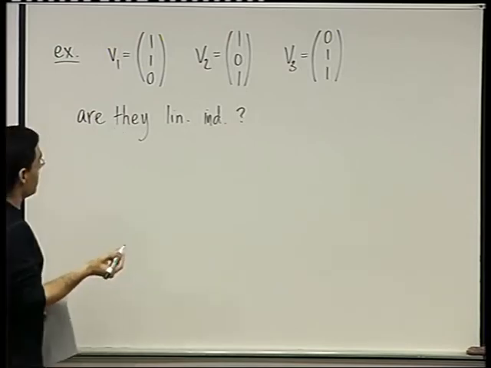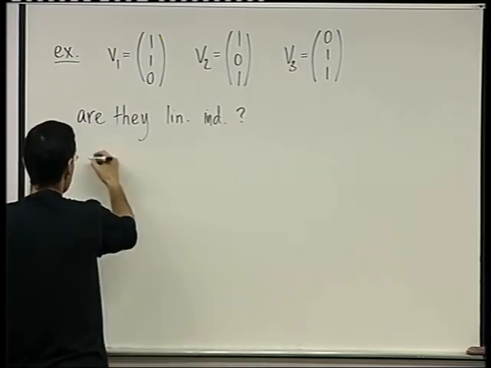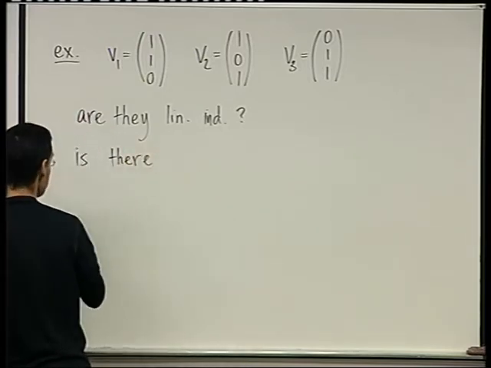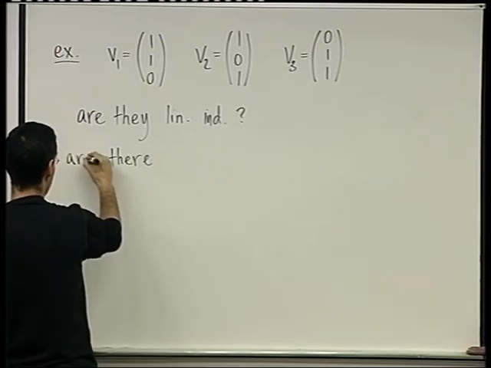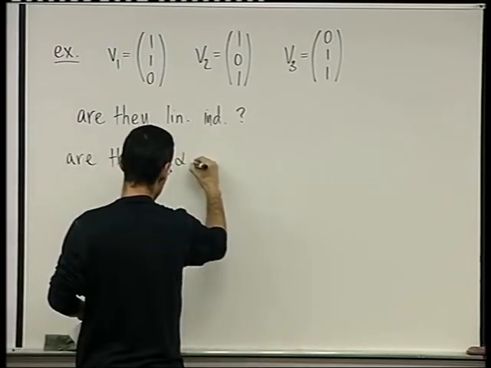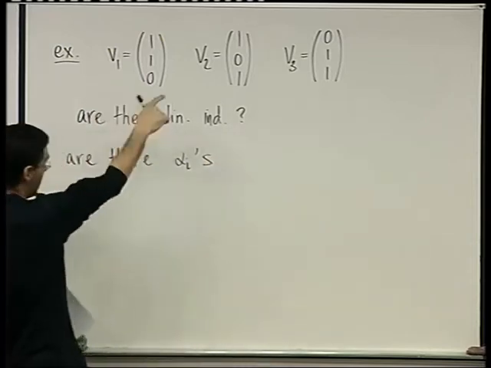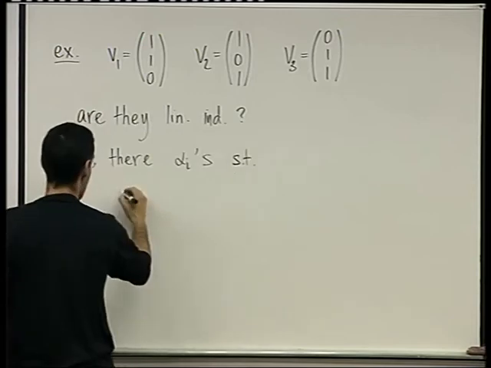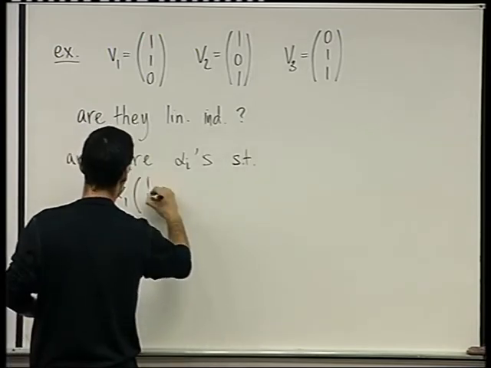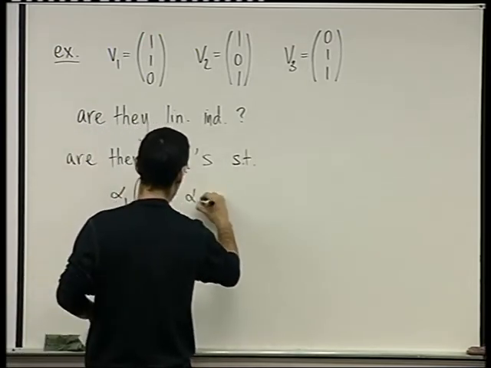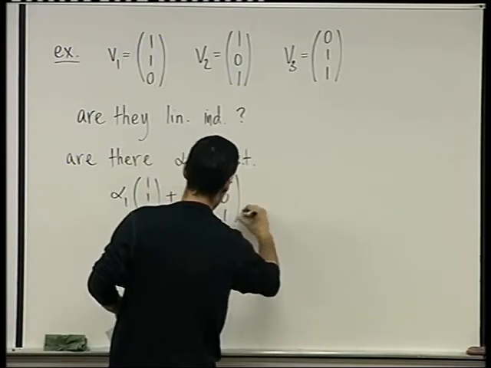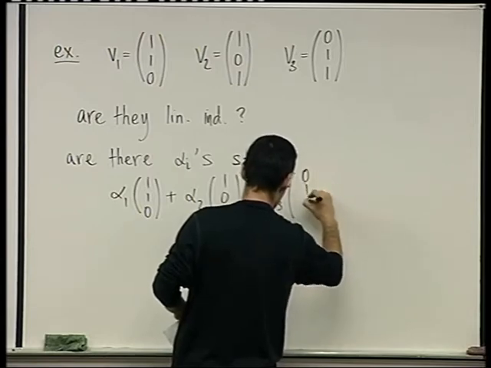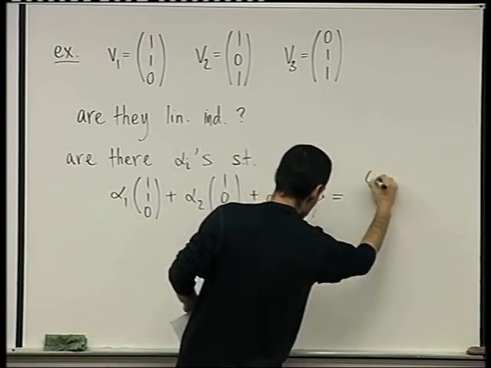So what does it mean for them to be linearly independent? Are there alpha i's, in this case alpha 1, alpha 2, and alpha 3, such that alpha 1 times 1, 1, 0 plus alpha 2 times 1, 0, 1 plus alpha 3 times 0, 1, 1 equals 0, 0, 0.